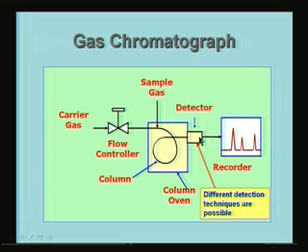So, I have a detector here which detects the presence of gas other than just the carrier gas. There must be some difference between the carrier gas and the sample gas, or the constituent which I am interested in, which should be detected by the detector.